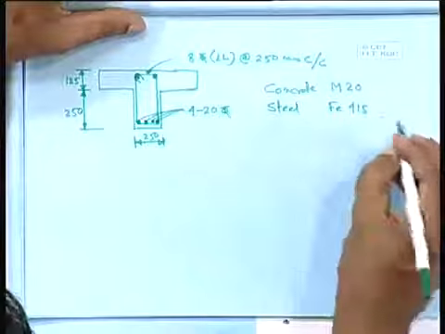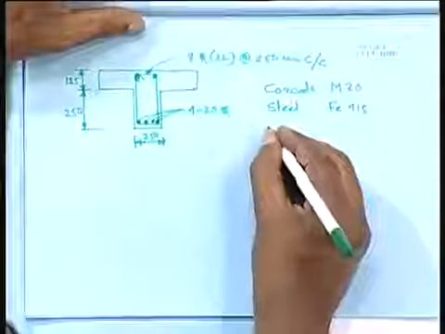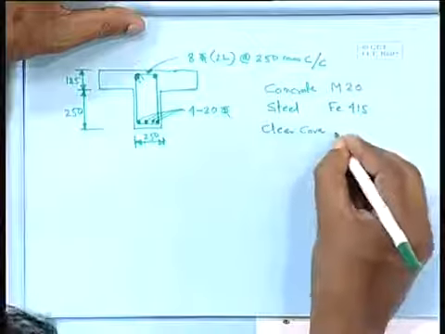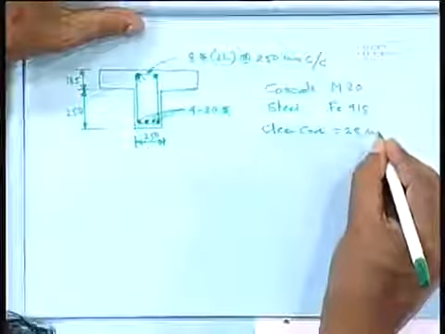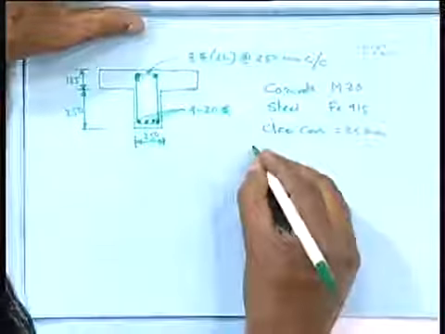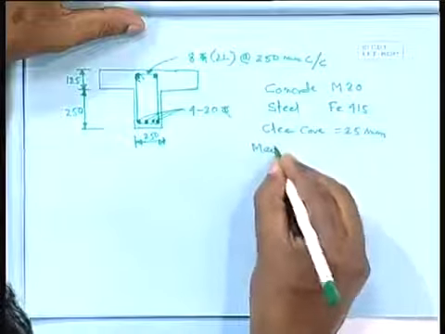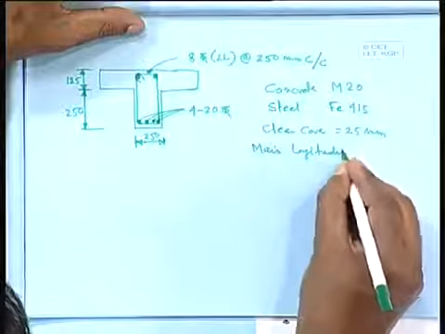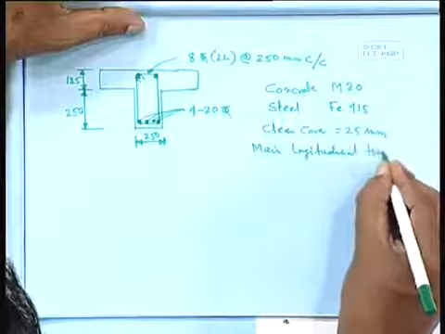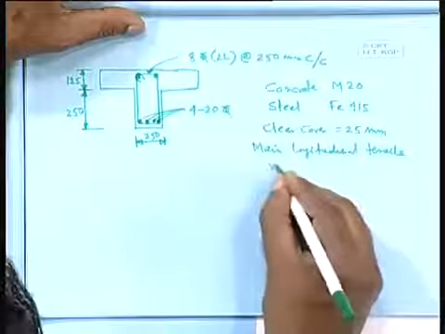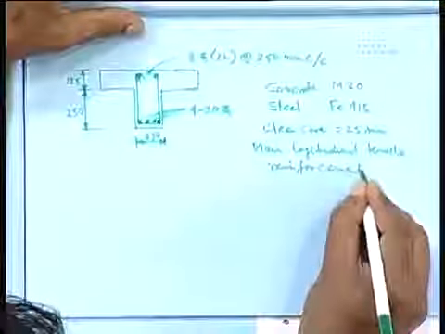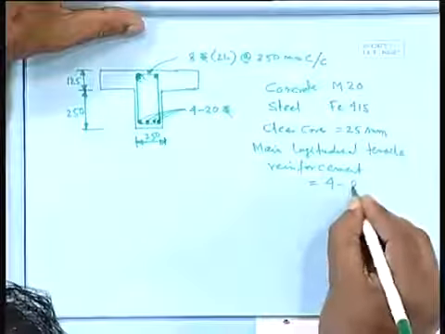Anyway, so that we have used this one. Clear cover, let us mention 25 millimeter. Main longitudinal tensile reinforcement, 420 torr.